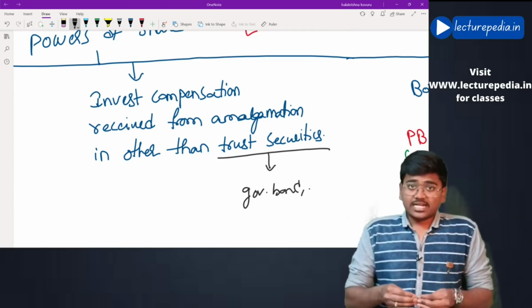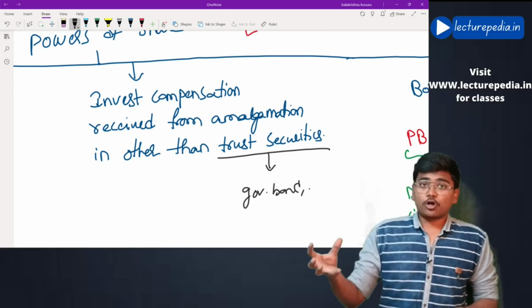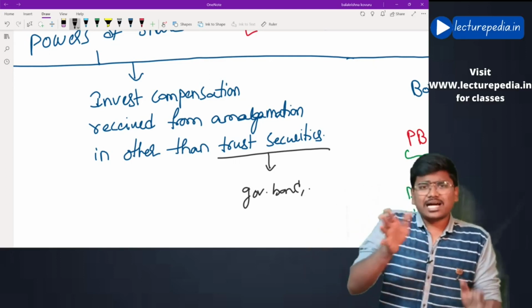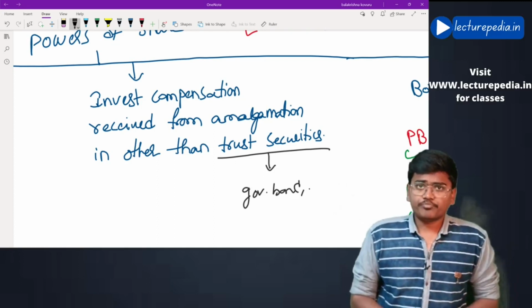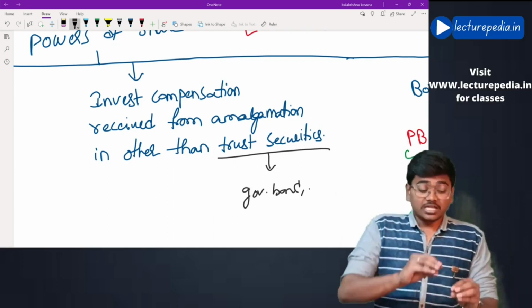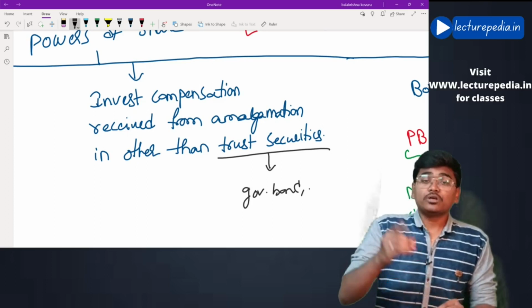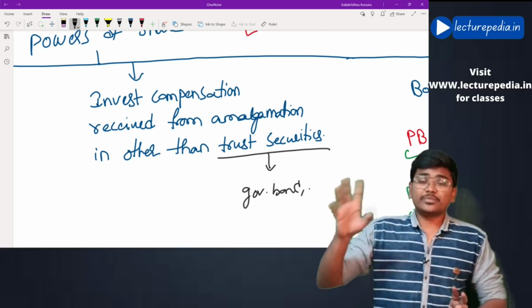If the board wants to invest this compensation in securities other than government bonds or treasury bonds, which are safe bonds, they have to take approval of shareholders through a general meeting special resolution.